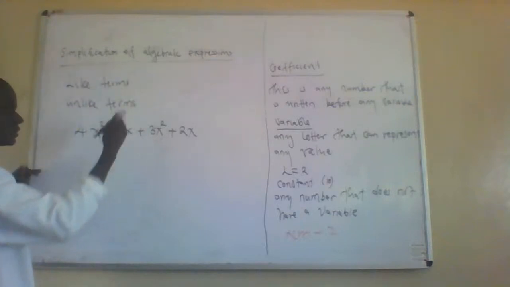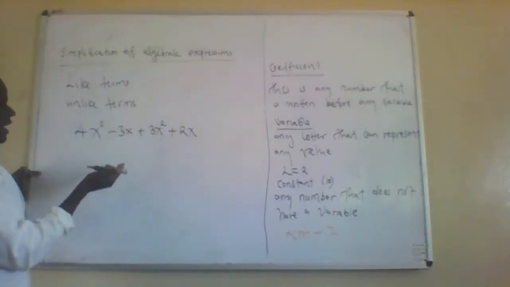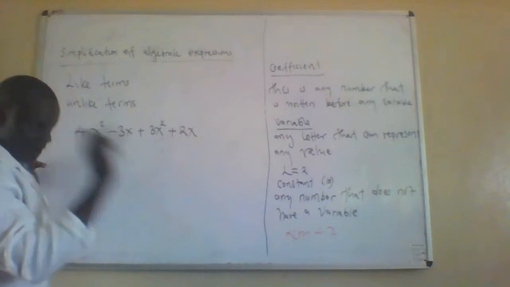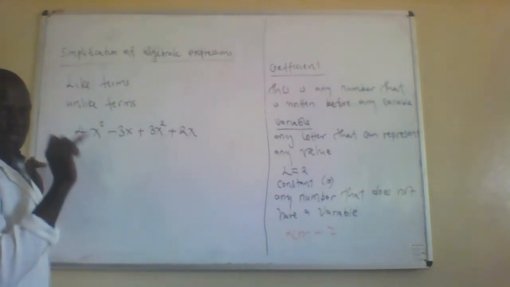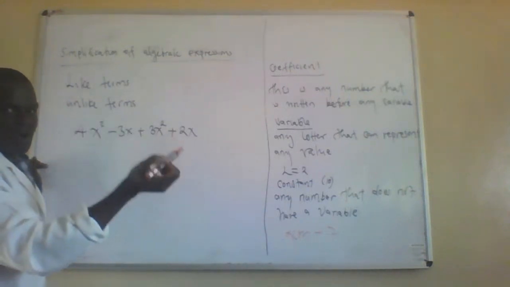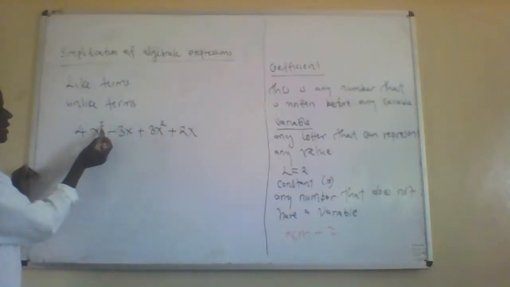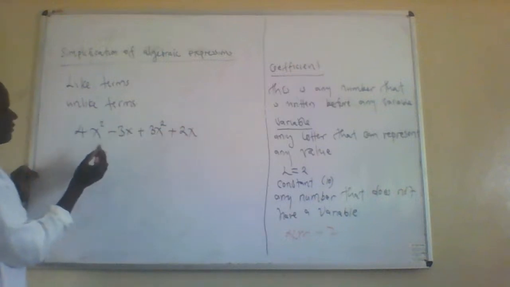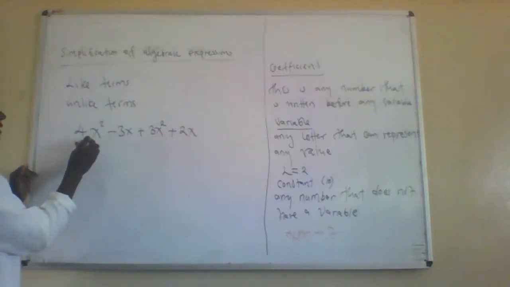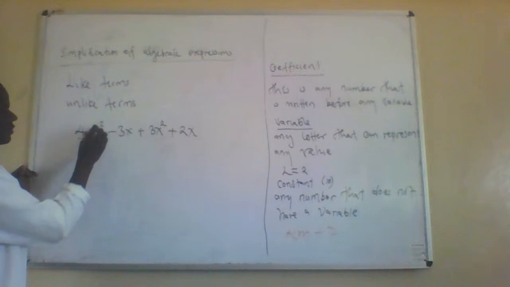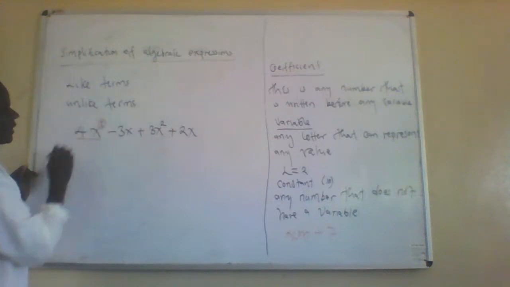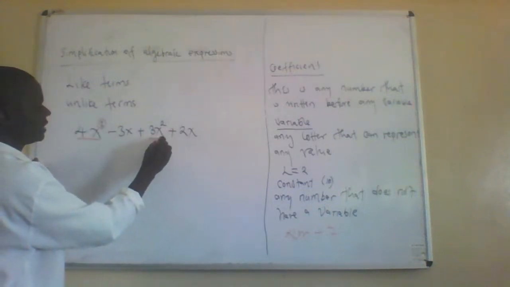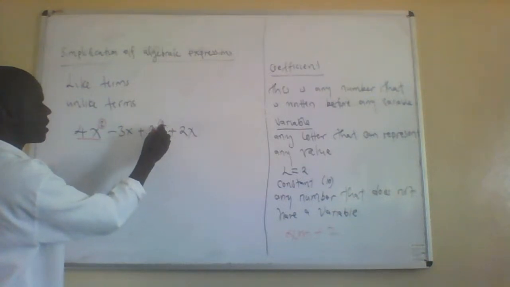Like terms are those terms that contain the same variable as well as the same power. Now, what is a power? The power is a number that is written on top of the variable. So from here, we can see that this 4x squared has a power which is 2. Even this 3x squared also has the power which is 2.